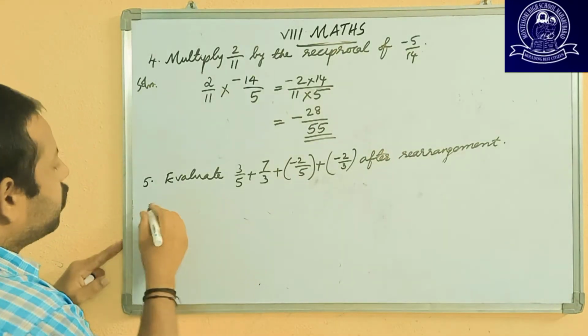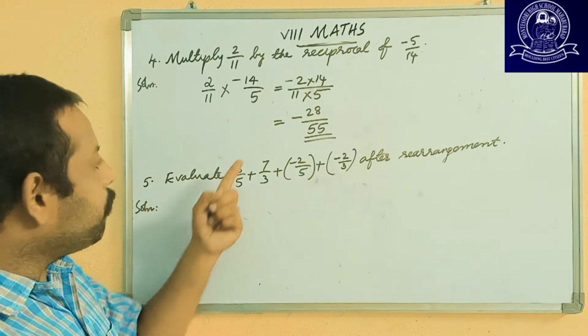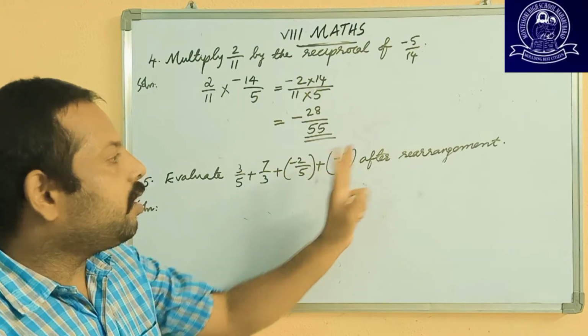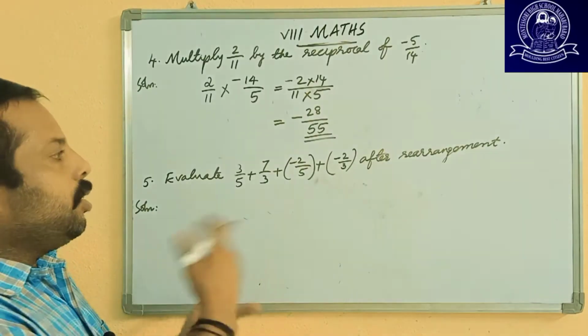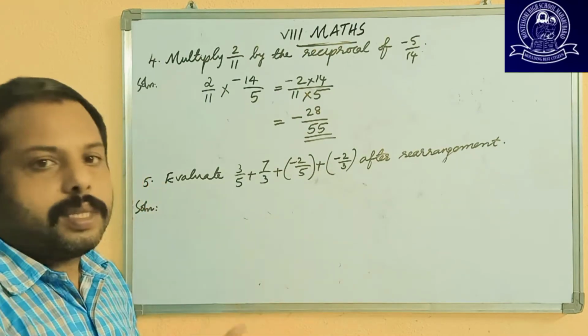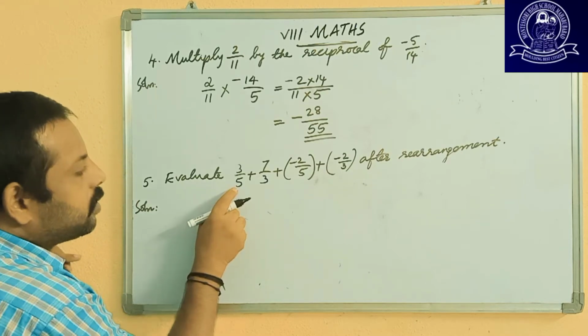Yes. Let us find the next one. Evaluate 3 by 5 plus 7 by 3 plus minus 2 by 5 plus minus 2 by 3 after rearrangement using commutative property or associative property. Here we can say associative property. We will be rearranging the numbers accordingly with the same denominator.